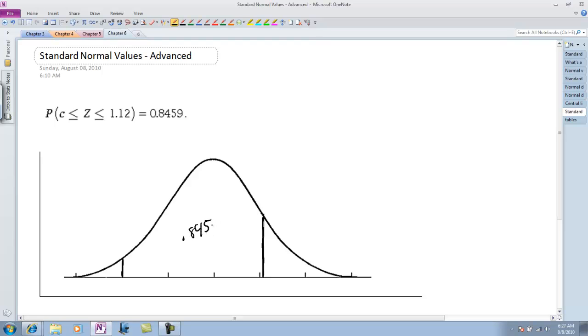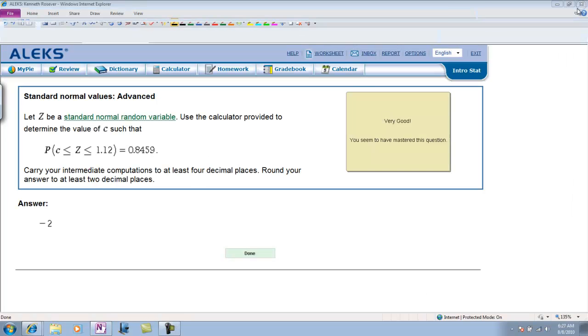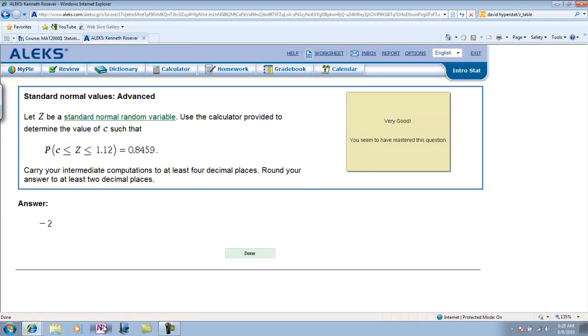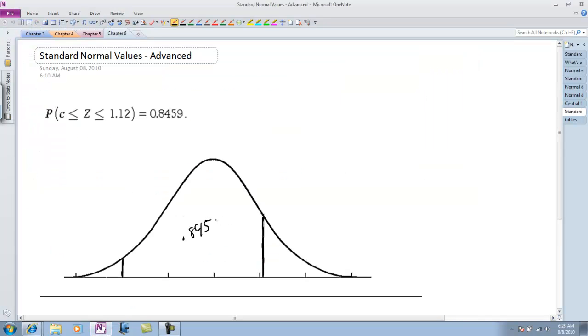84.59% is between there and there. Well, that's great, but it doesn't tell me what C is. I know this is 1.12, but I need to do something else.